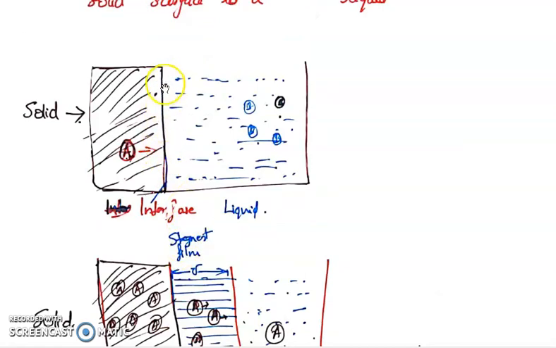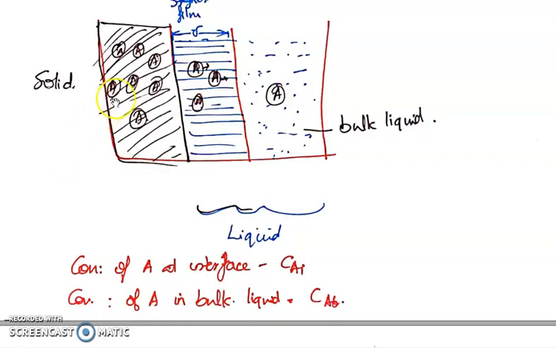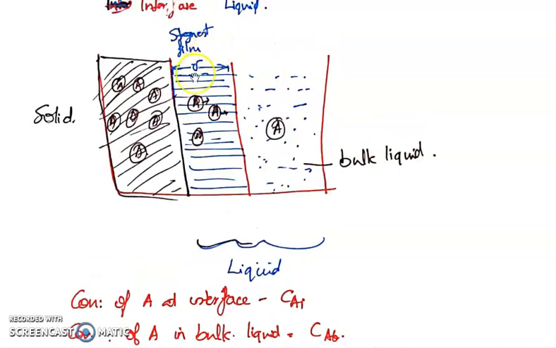The boundary that separates solid and liquid is termed as interface. Molecules of A present in the solid phase will diffuse through the stagnant film of liquid into the bulk liquid.